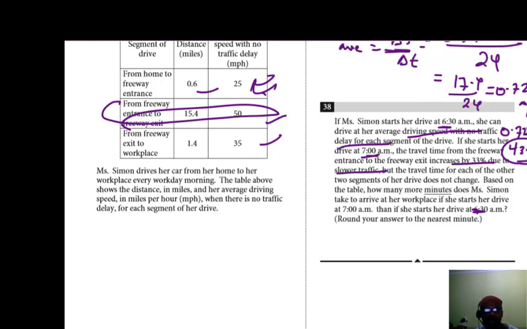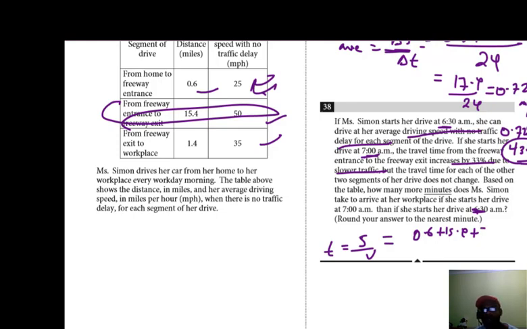Let's calculate the total time here, if she starts at 6 a.m. Time is equal to distance over speed. So the total distance here, I think I already calculated.